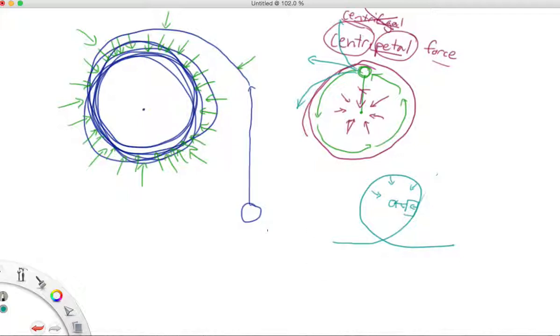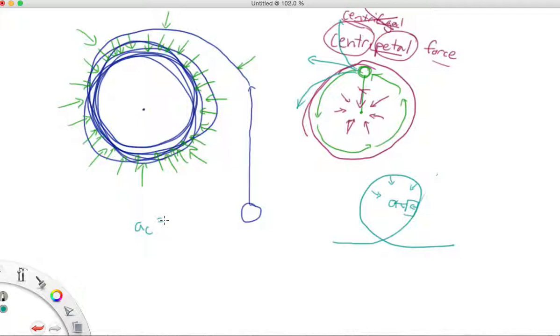So we should talk about a formula here. We're not going to derive this formula, but I'm going to just tell you what it is. There's an acceleration that you have when you're moving around in a circle. It's a center-seeking or centripetal acceleration, and it's just this. It's in your workbook.